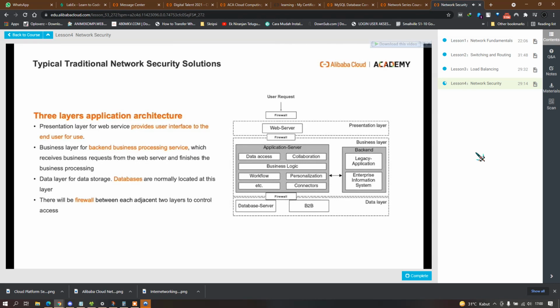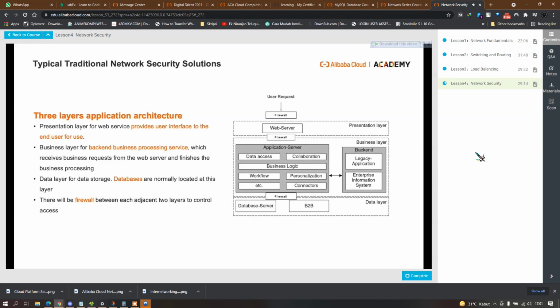With this architecture, our system will be separated into 3 layers. The upper layer is the presentation layer. The presentation layer is for the web service, which provides a user interface for the end user. Most of the time, the web server or presentation layer also provides the service to the internet.